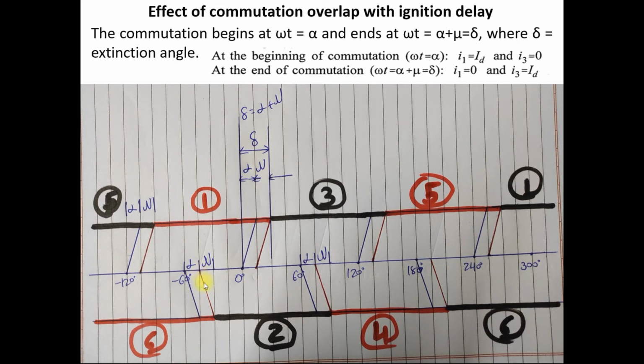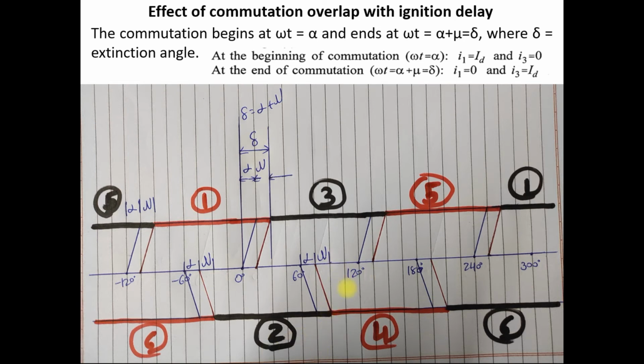So during this period from here to here, both valve 6 and 2 are conducting. Clear? At the end of this commutation time, valve number 6 is completely off and valve number 2 is completely on. So this is the conduction period of valve number 2, from this point to this point, at the end of the commutation period after the 60 degree.